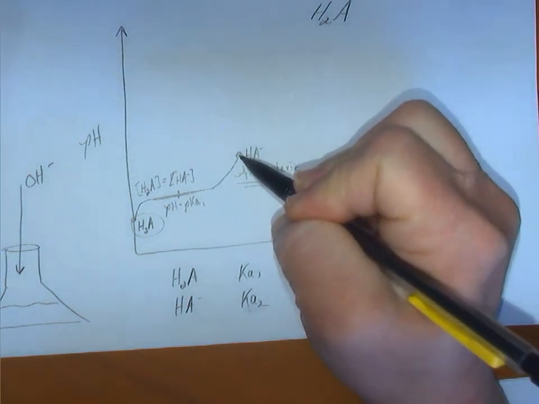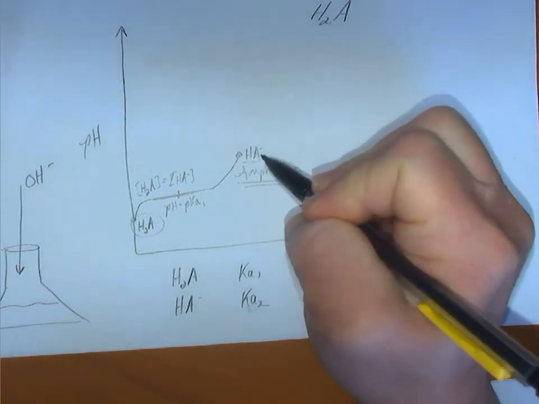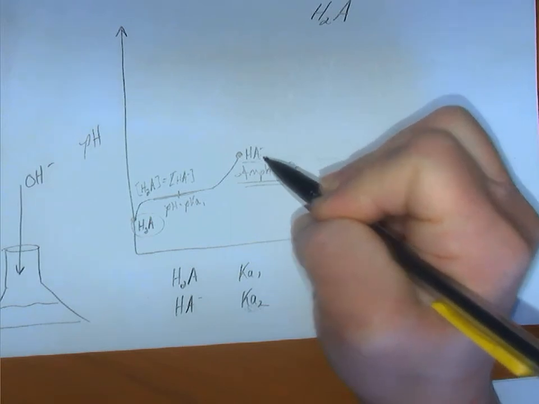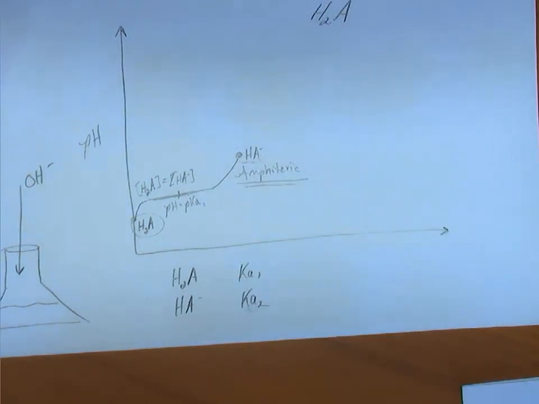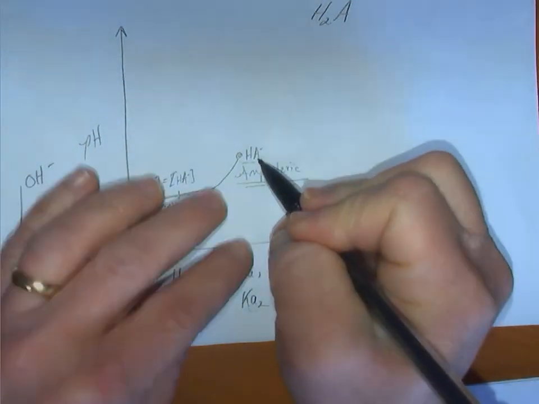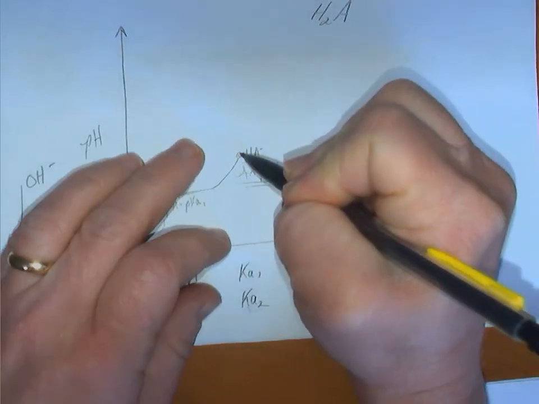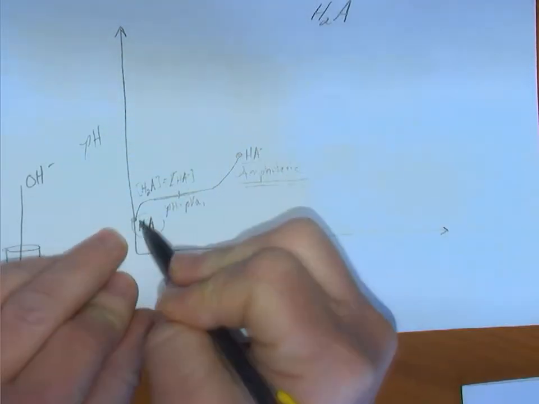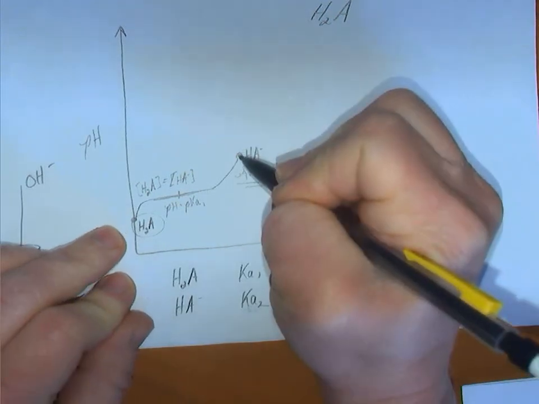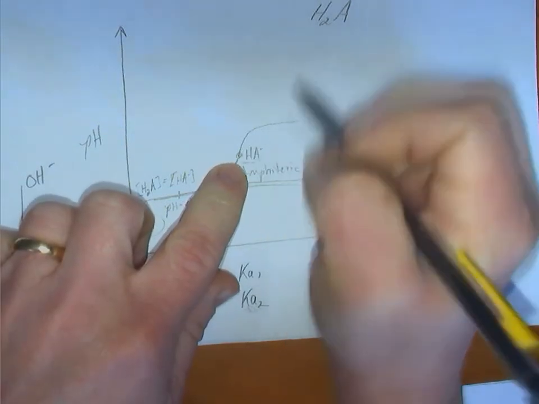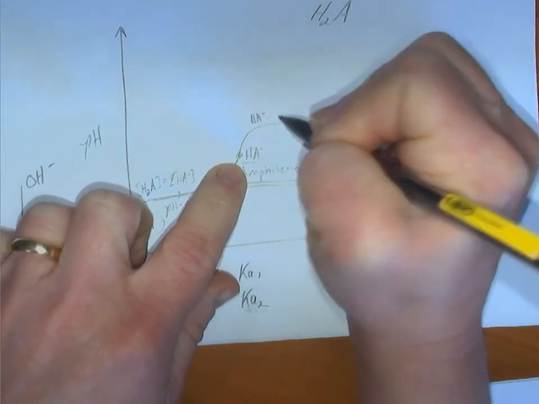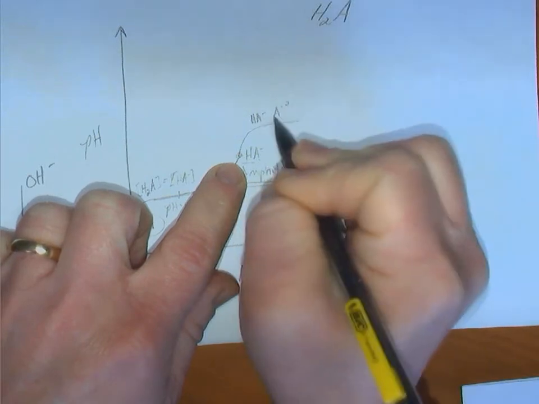So as we move from here, now when we add hydroxide to this, that is going to force this amphoteric species to behave as a base because that's going to form water. So it's as if we're starting the titration of this. So we're going to get a jump in pH. We'll level out because as we're reacting this, we are going to be making some of its conjugate base.